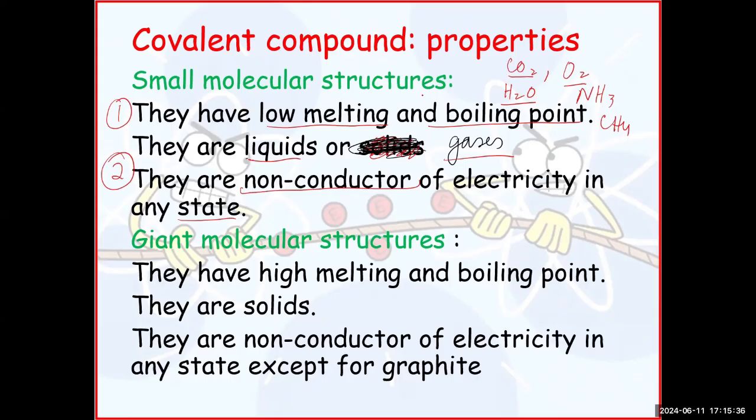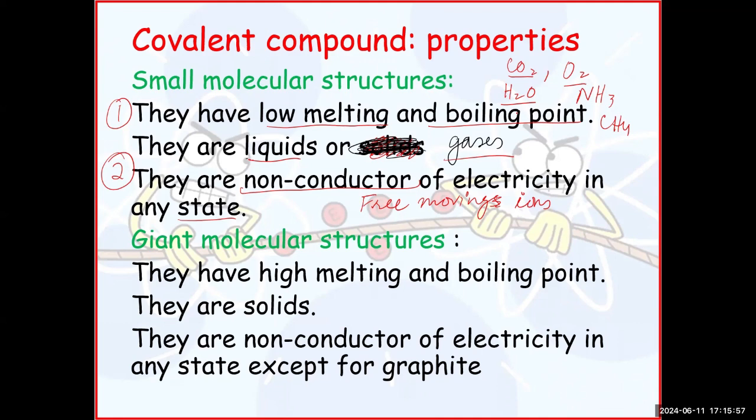In ionic compounds, we learned that their ions were free to move. They had free moving ions. Since small covalent compounds don't form ions at all, they don't have cations and anions. They have molecules. They don't have ions.